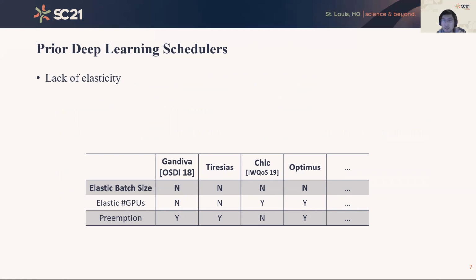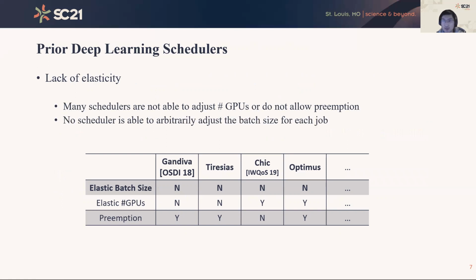Many of them are not able to adjust the number of GPUs or do not allow preemption. And no one so far is able to arbitrarily adjust the batch size for deep learning jobs, so it's hard for the jobs to have the most appropriate batch size to achieve the best training efficiency.